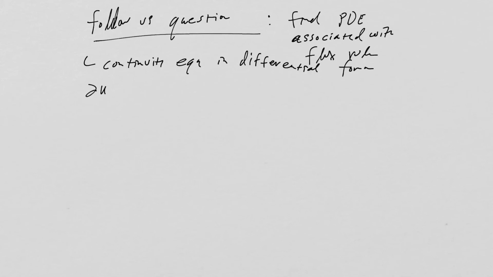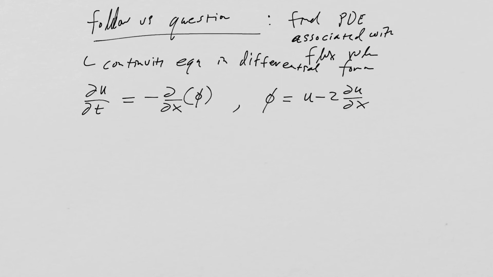So that's going to be the partial derivative of little u with respect to t is equal to the partial derivative in space of the flux rule. So the flux rule in this particular case was u minus 2 partial derivative of u with respect to x. So the problem is simply to plug this in.